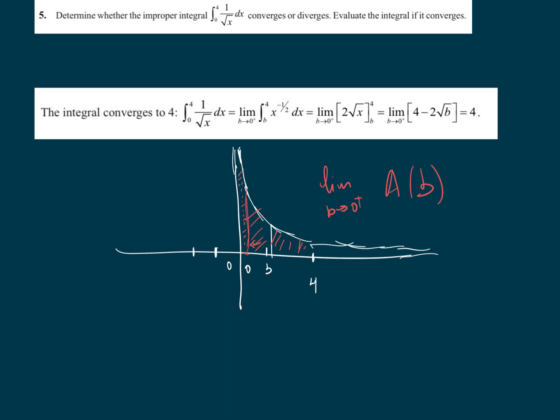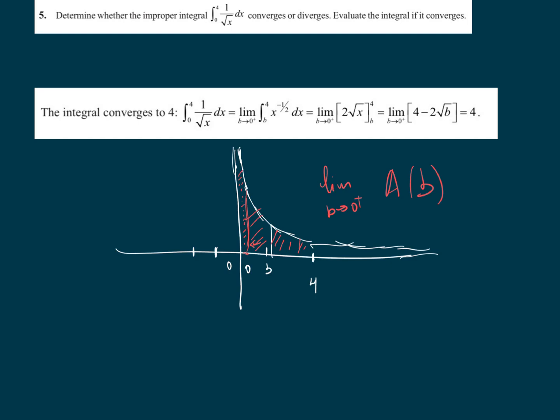So evaluating between 4 and b will be 2 times the square root of 4, which is 2 by 2 is 4, minus 2 times square root of b. When v goes to 0 positive, the square root of b goes to 0. So the value of the integral will be 4.